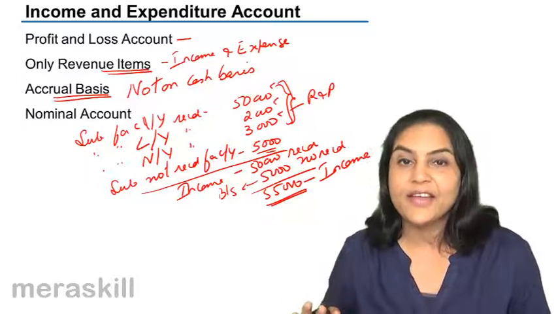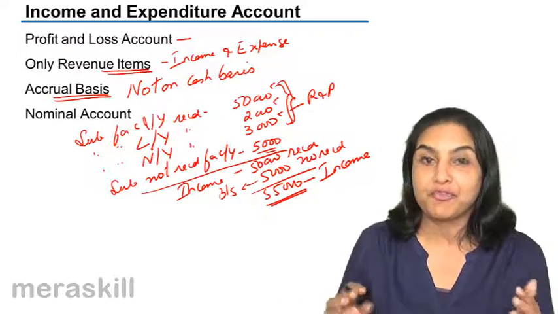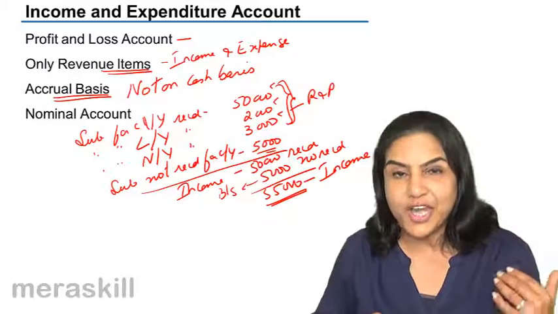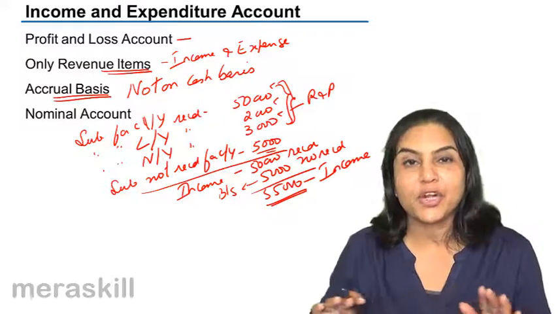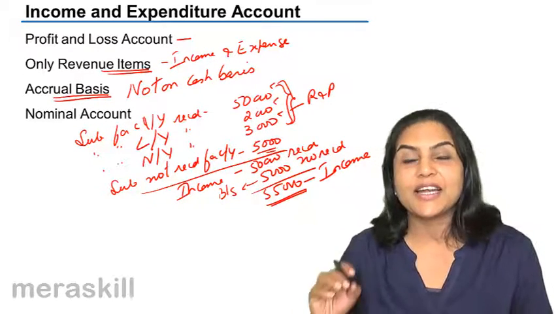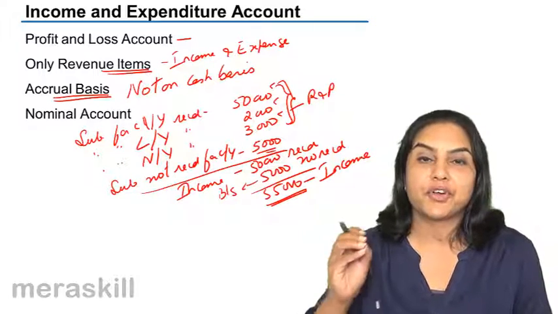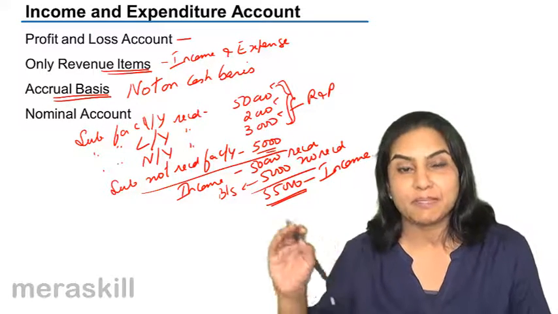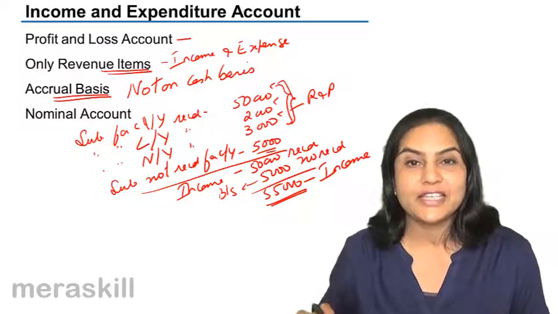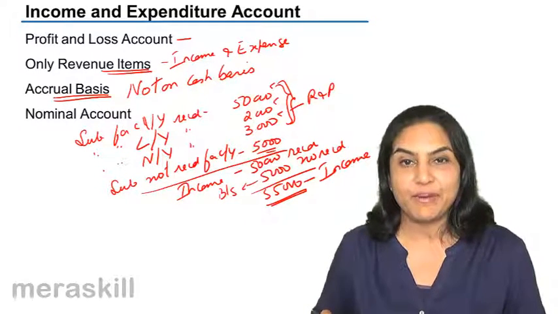Anything relating to another period, if we have received cash for the next period or received cash for an earlier period, it will not find its place in the income expenditure account. Similarly, payments made for an earlier year or payments made for the next year in advance will not find its place in the income and expenditure account.